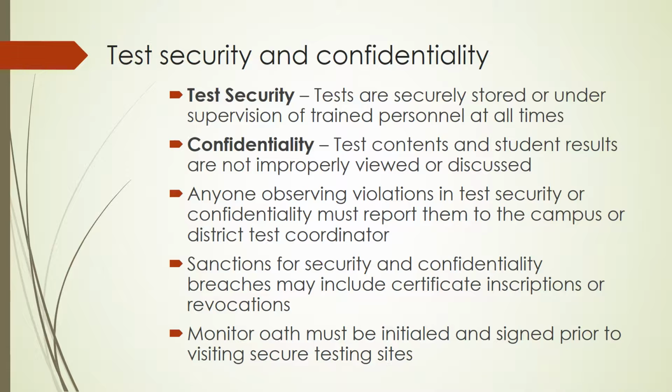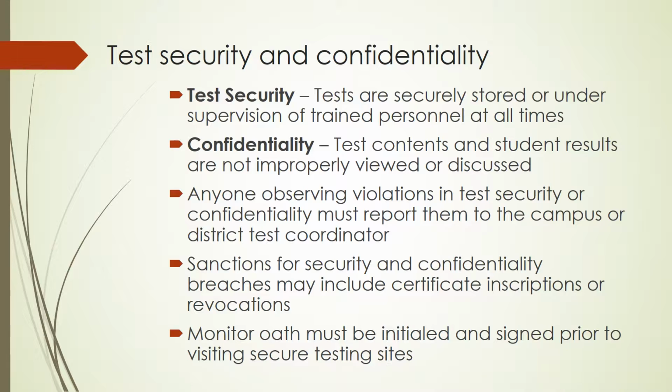Anyone observing any violations in test security or confidentiality must report them to the campus testing coordinator or the district testing coordinator in order to make sure that everyone involved knows exactly what may have happened. And in fact, if you do not report them and you've observed things such as that, then you may come under scrutiny.